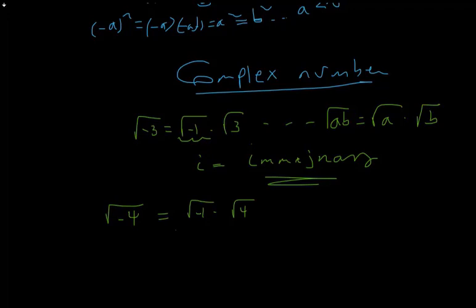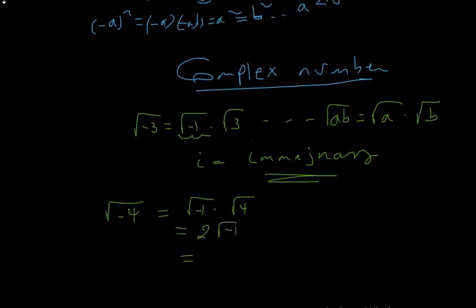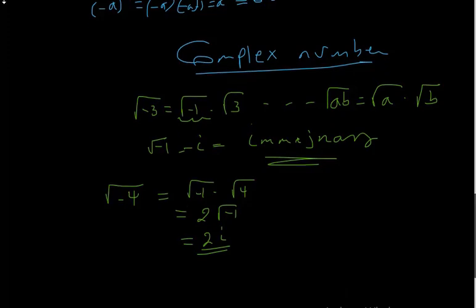The square root of 4 is 2, so you have 2 times the square root of negative 1. We already said i is the square root of negative 1, so we can represent that as 2i. So we develop another planet of numbers where the square root of a negative number has meaning rather than being undefined.